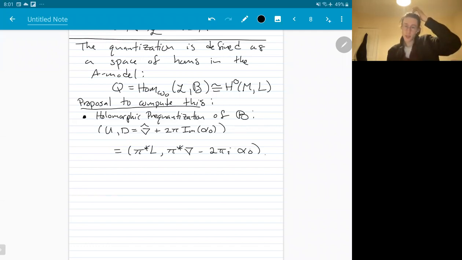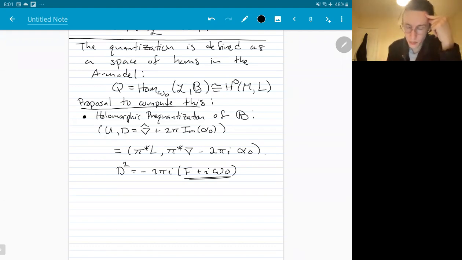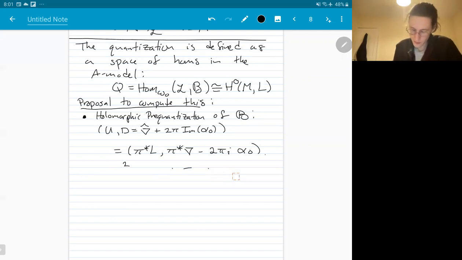The interesting thing about this connection is that now the curvature is exactly this thing, which is holomorphic. So D actually gives us a holomorphic pre-quantization of this holomorphic symplectic structure. Okay, so that's the first thing.